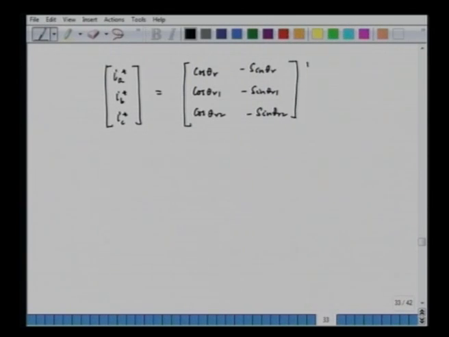Here we have IDS star, the reference value of IDS current, and IQS star, the reference value of Q axis stator current. Theta r1 is equal to theta r minus 2 pi by 3 and theta r2 is equal to theta r plus 2 pi by 3.